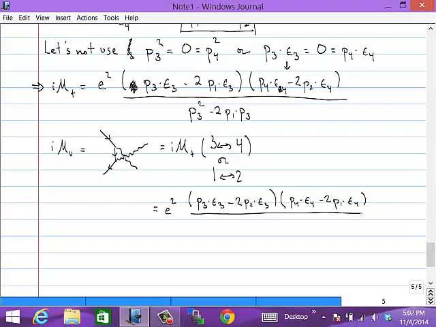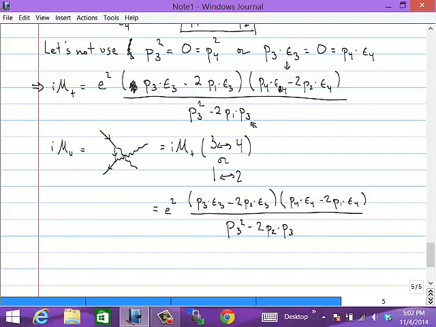And in the denominator, I could write that as P4 squared minus 2 P1 P4, but instead I'm going to write that as P3 squared minus 2 P2 dot P3, using the fact that I could have either exchanged 1 and 2 in this denominator, or 3 and 4.